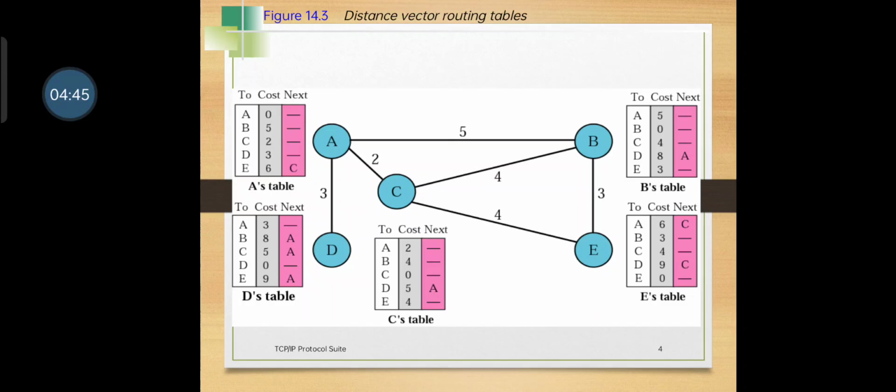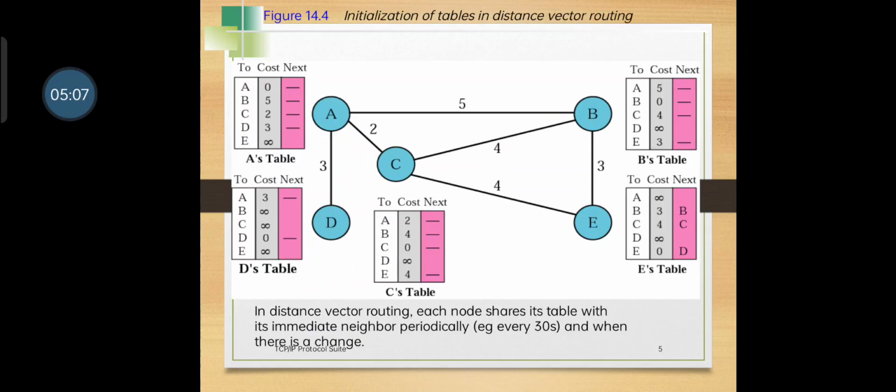Actually, what I'm showing is the final table; initially it won't be like this. If I'm a new node entering this network, I don't know how to reach a particular node, so it will be considered as infinity. I'll show it in the next slide.